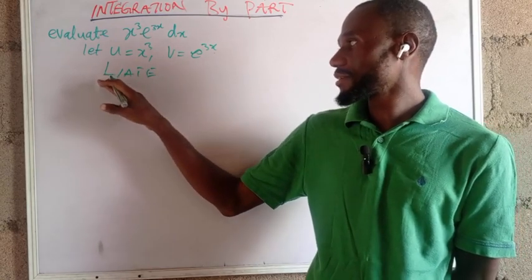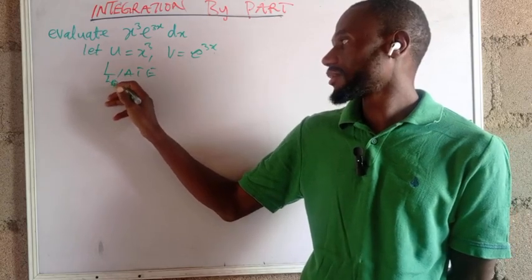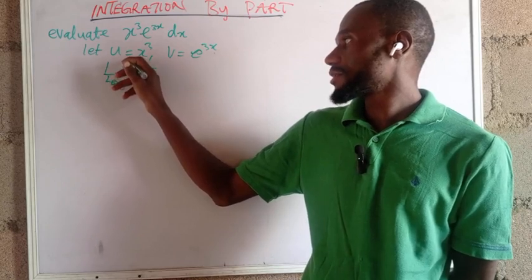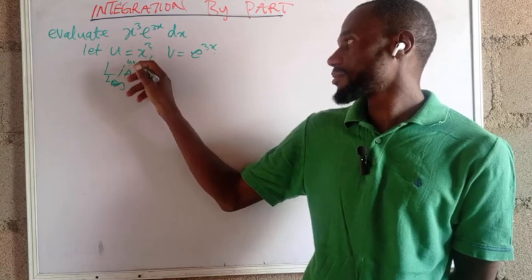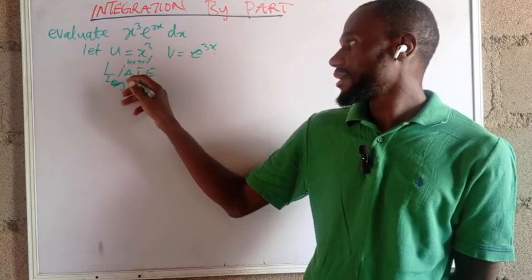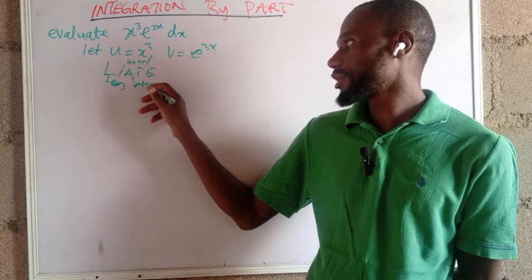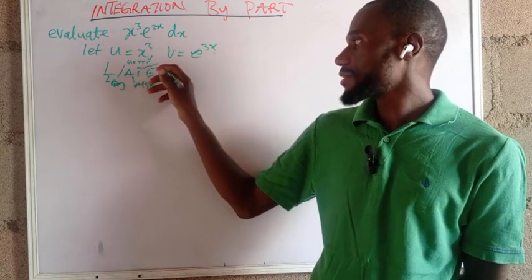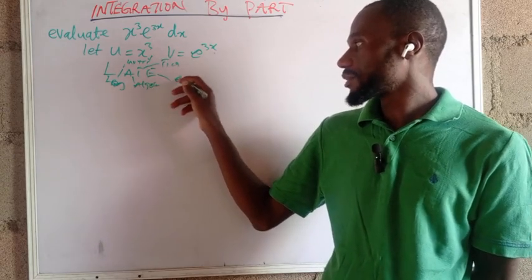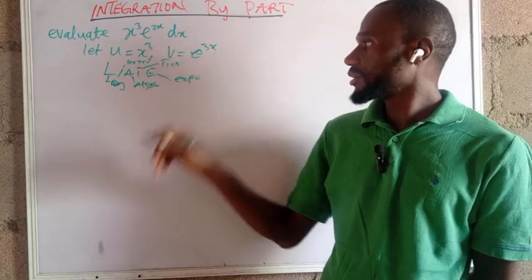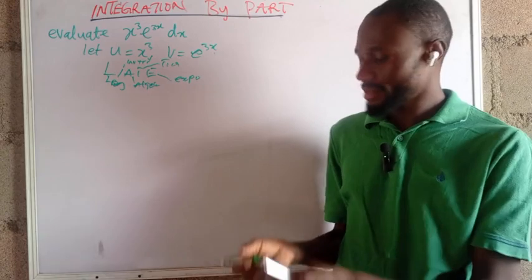That is, L stands for logarithmic function, I stands for inverse of trigonometric function, that is the inverse of trig, A stands for algebraic function, T stands for trigonometric function, and E stands for exponential function. Okay, you can use any one of these.